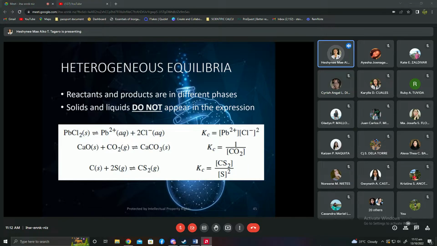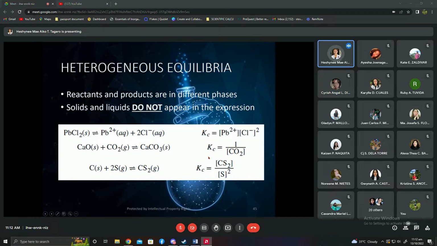So take note, when dealing with heterogeneous equilibria, solids and pure liquids do not appear in the equilibrium constant expressions as shown here on the slide.